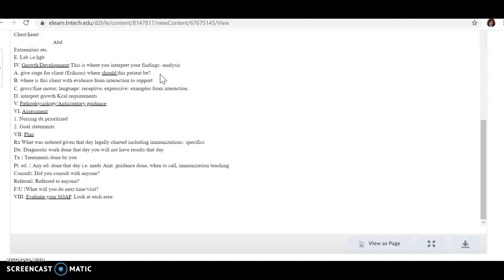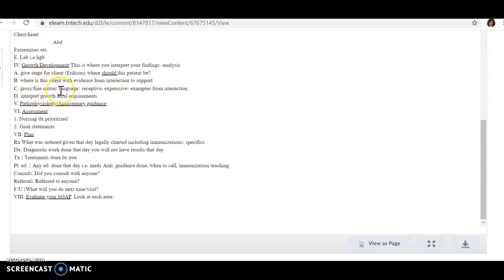Remember, some people, depending on their situation, are not in the expected Erikson stage. So tell us what the common characteristics are, which stage you put them in, and why you feel like yes, they belong in that stage with evidence to support.